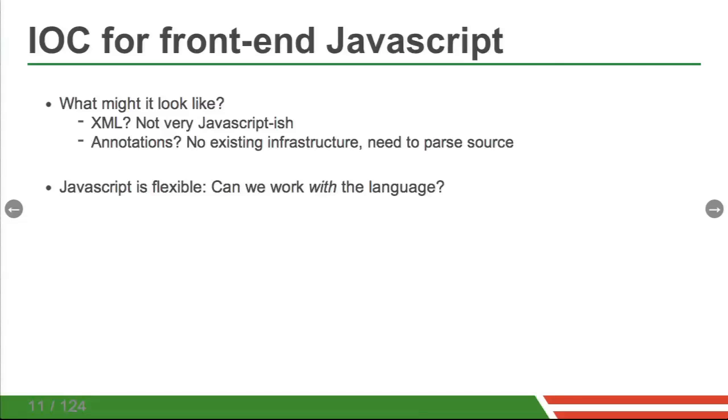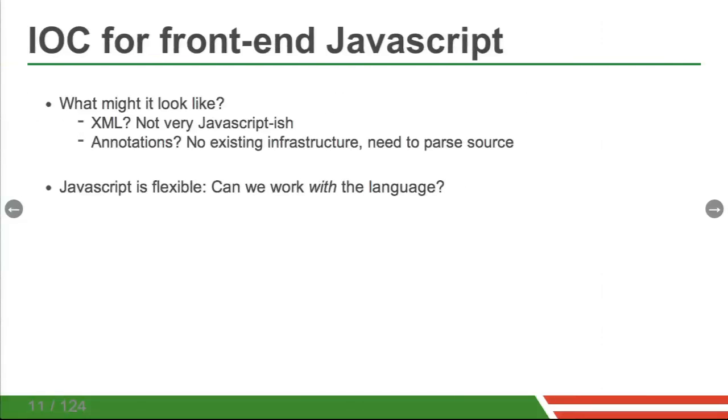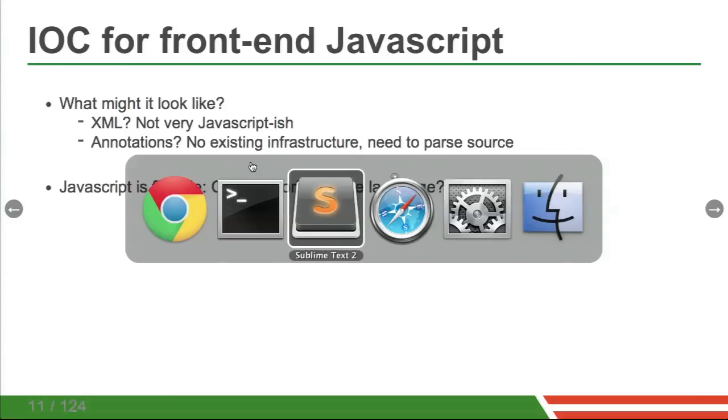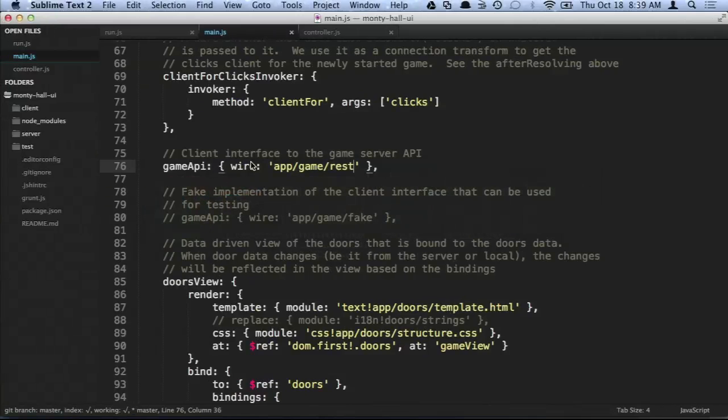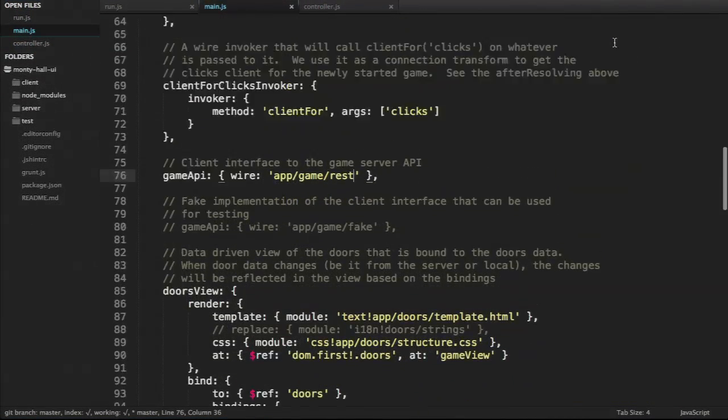So XML, probably not. Annotations, they're very convenient in Java, but there's no infrastructure in JavaScript for that kind of thing. So can we work with the language? And the answer is, we believe, yes.